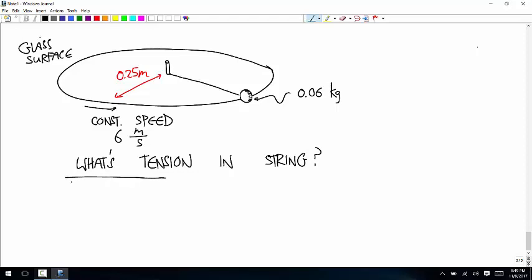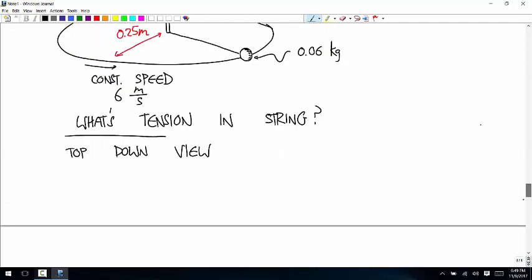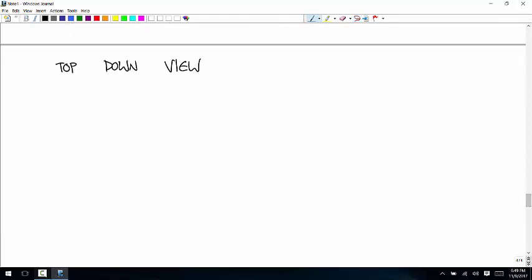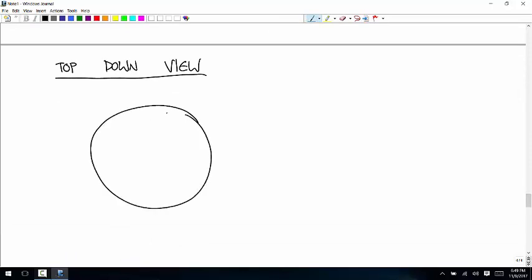So the first thing we have to do is choose a view where that circle is visible. So I'll do a top-down view. And that's going to be the coordinate system. And then it doesn't say anything in this problem about what point we're looking at.